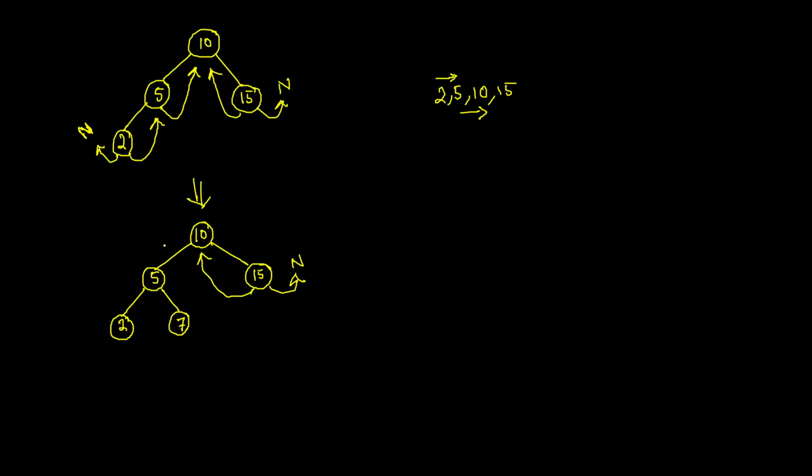And since now the right side of 5 is busy with a new node 7, the Inorder successor has vanished now, because it is no longer required, because ultimately now it's something like 2, 5, 7, 10, 15, where 5's Inorder successor is in its next level.